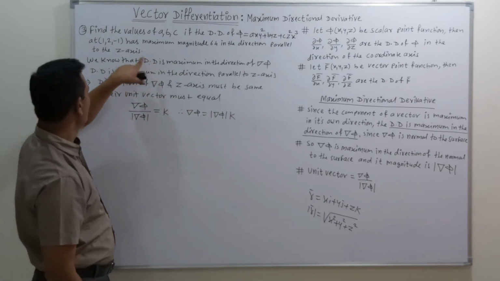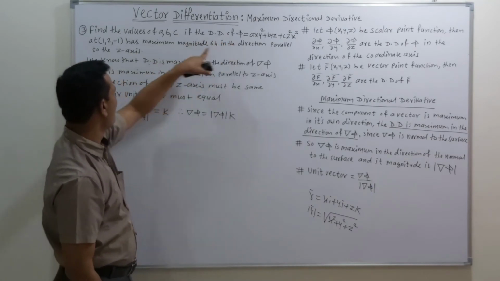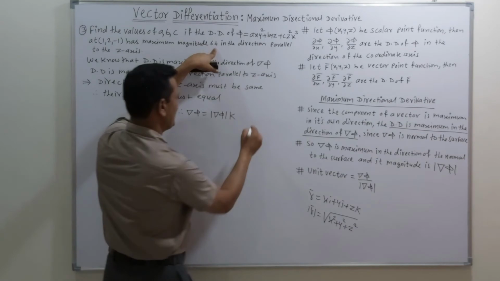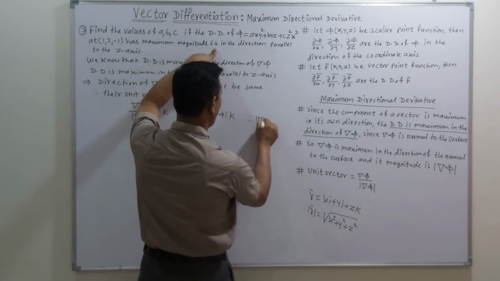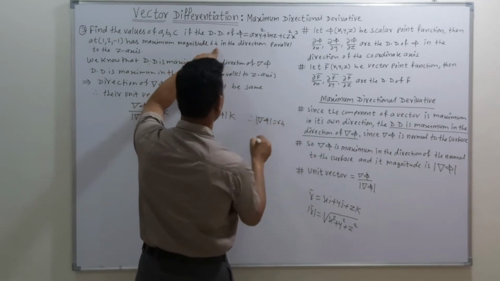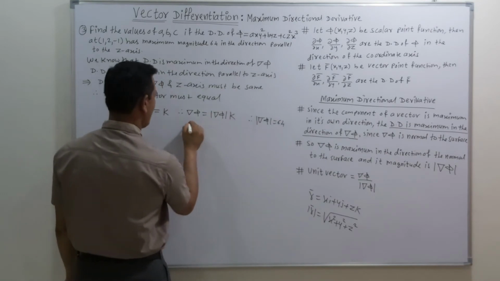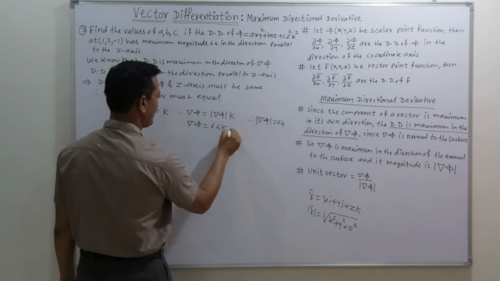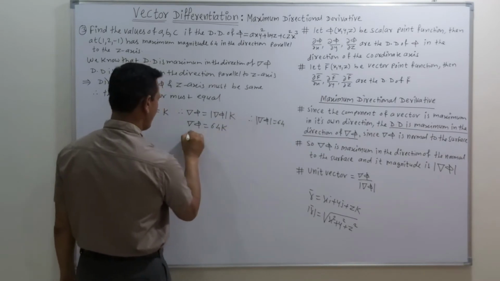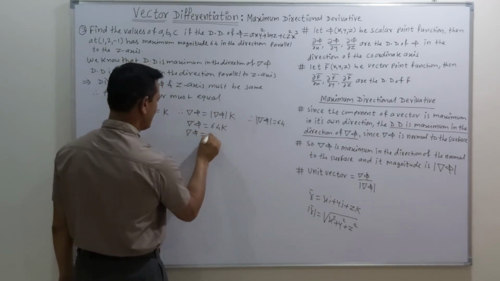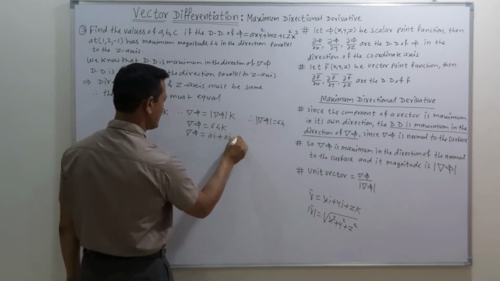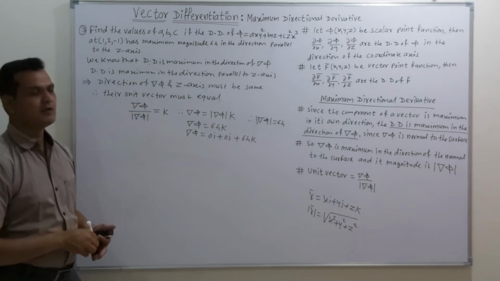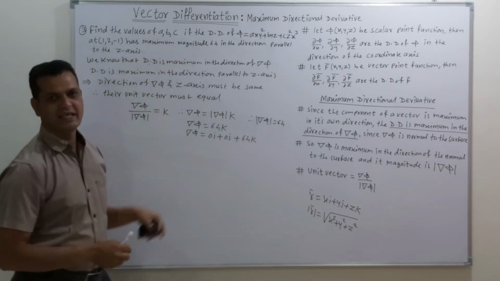It is given that the directional derivative of phi has maximum magnitude 64. Therefore the magnitude of del phi is equal to 64, so we can write del phi equal to 64k, which is same as del phi equal to 0i plus 0j plus 64k.